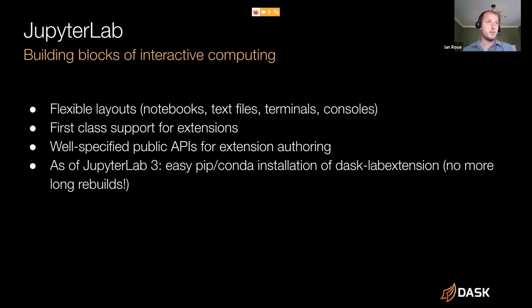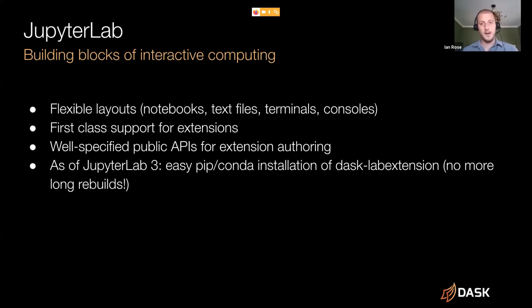Every part of the JupyterLab user interface is itself an extension. Notebooks are an extension, terminals are an extension, the menu system is an extension. So when one is developing and deploying a JupyterLab extension, it really is sitting on equal footing with the rest of the user interface. This was a good opportunity to prove out some of these ideas.